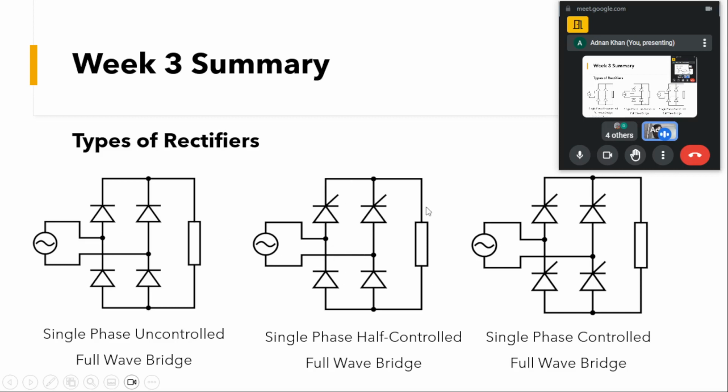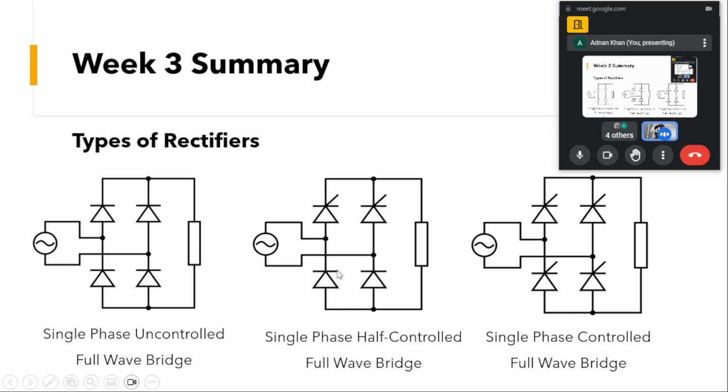Coming to the second, as I already told in the first slide, these rectifiers can be uncontrolled, partially controlled, or fully controlled. As you can see in picture number 2, at which I am pointing my arrow, the top two devices are thyristors and the bottom two are diodes.